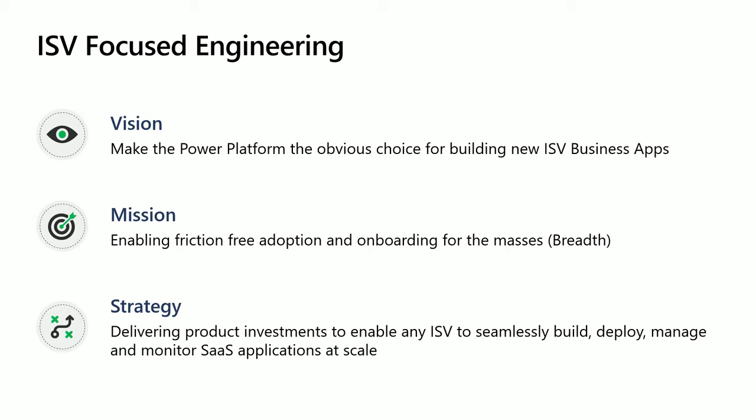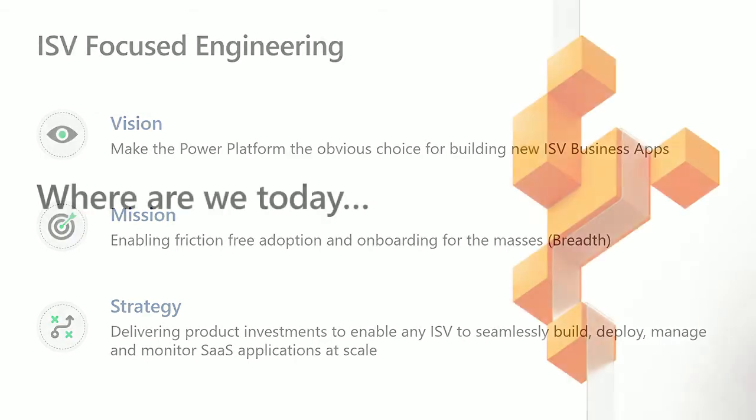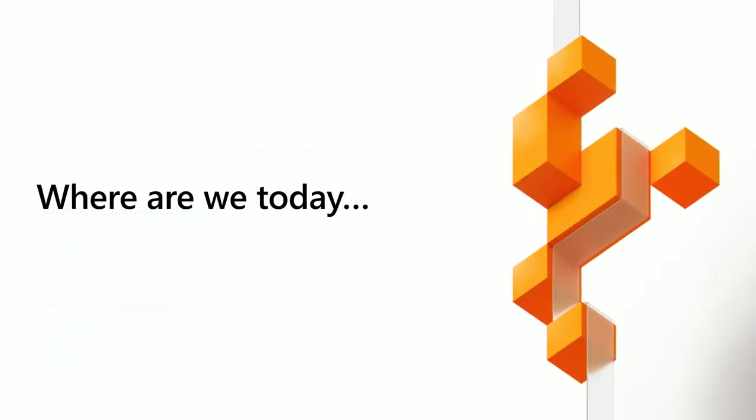And then lastly, it's around embedding. How can you build solutions and embed business apps and Canvas apps, etc., into other solutions living on other platforms for us to get in front of all of the customers there.